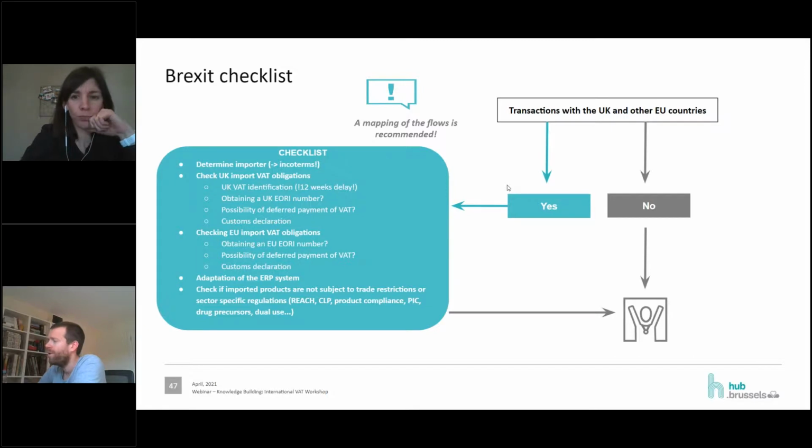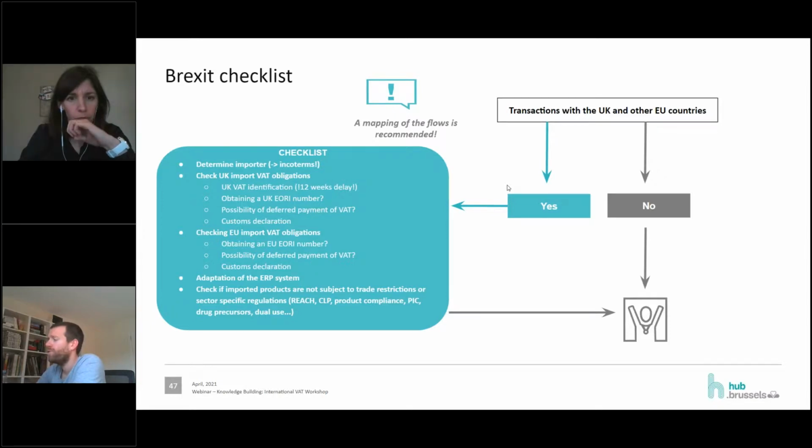So first of all, the first question that you have to ask yourself is to determine who is the importer. And that can be done through the Incoterms. You can have a good view already on who is going to take care of the import formalities.